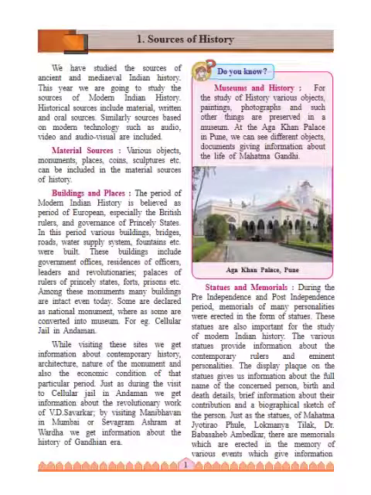History must be based on authentic evidence or proofs. Already I have discussed, and these proofs are known as sources of history. Sources of modern Indian history include material sources, written sources, oral sources, and sources in the audio-visual medium.